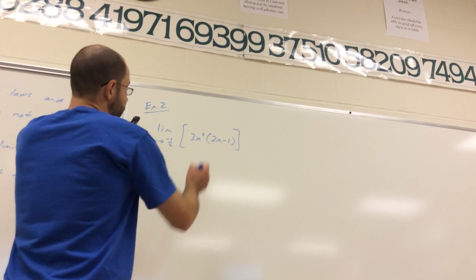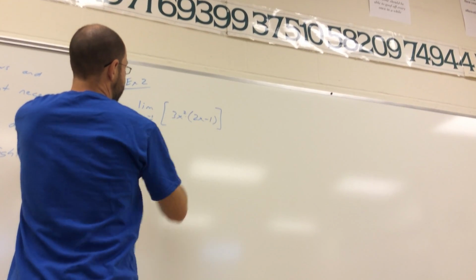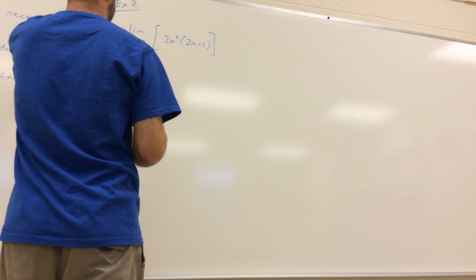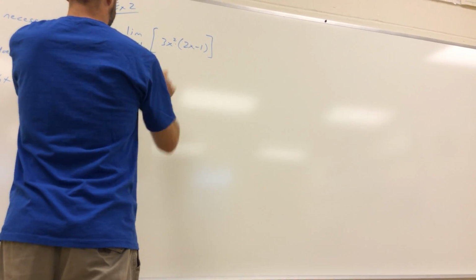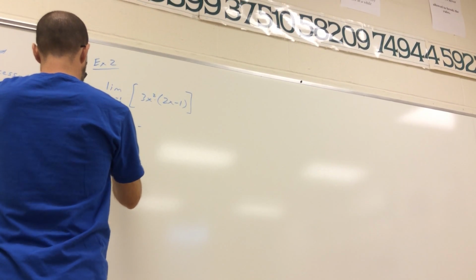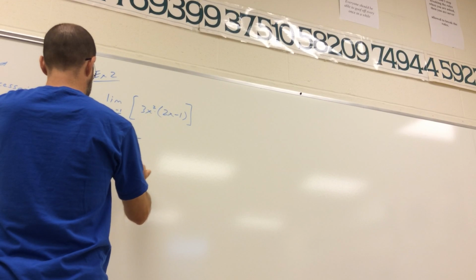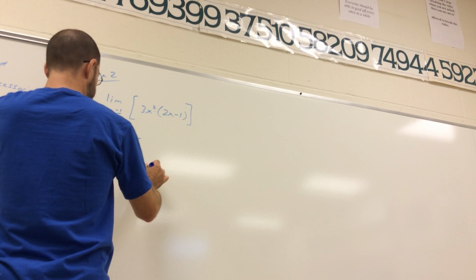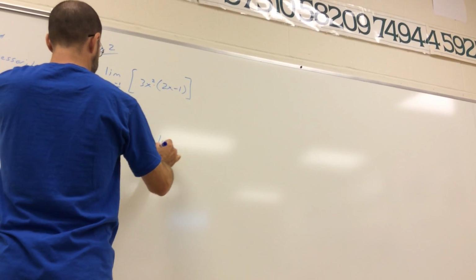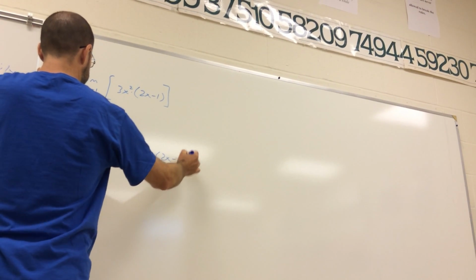Okay, so right here is a multiplication sign. So we have the limit of two functions multiplied together. So what that means is that you can take the limit of the first thing and then multiply that by the limit of the second thing.